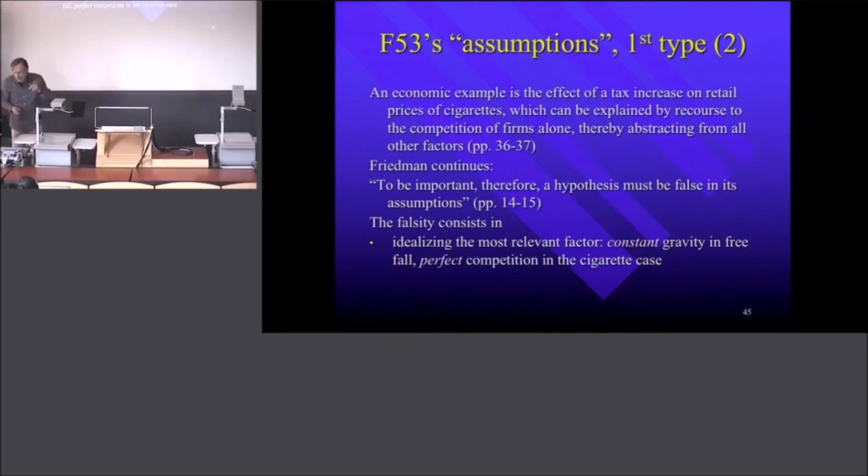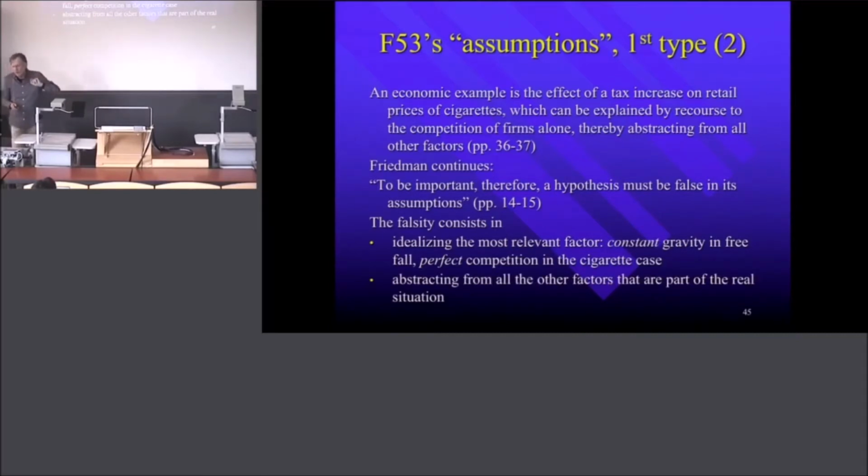Idealizing is one thing: in the gravitational case, constant gravity in free fall, and perfect competition in the cigarette case. But that's not the only element. The other element is abstracting from all the other factors that are part of the real situations. So you're doing two things when you look at it from the point of economic theory or physical theory. You idealize the most relevant factor, and you abstract from everything else.